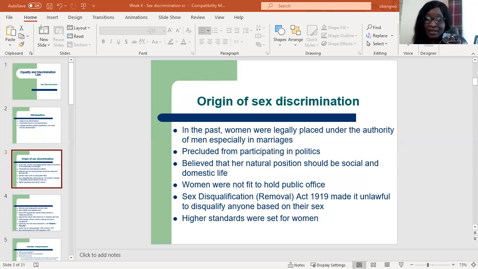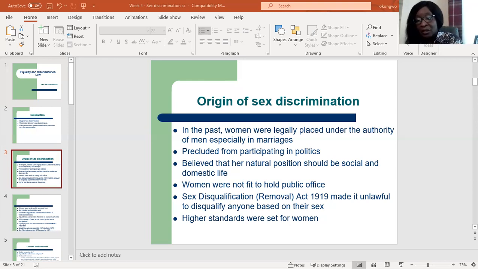However, despite this, women still faced discrimination. The discrimination took a different tone, from banning them from certain professions to other barriers. Higher standards were set for gaining admission into certain professions.